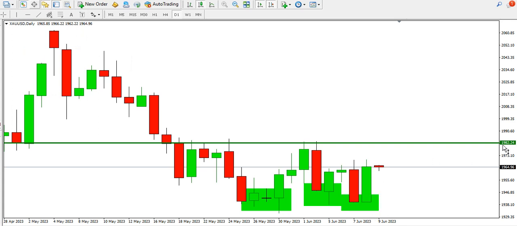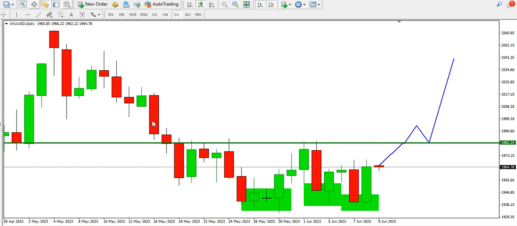The neckline is around the 1982 level. A break above that level, we expect a retest of price and for price to find support. We expect this particular resistance level to become support and price to go back up. But that can happen in days or weeks.